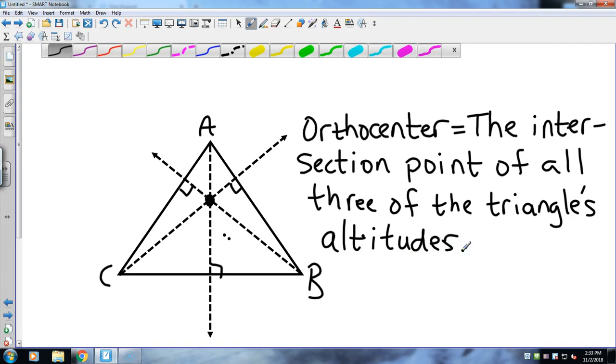Orthocenter is the intersection point of all three of the triangle's altitudes. So that brings a close to Chapter 6, Section 3, Medians and Altitudes of Triangles.